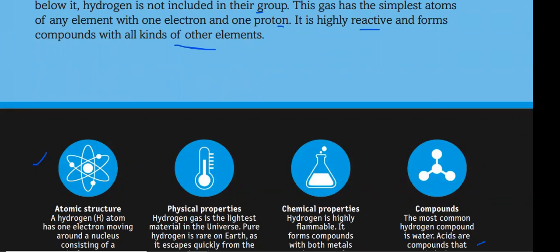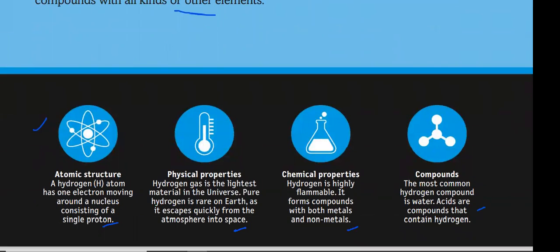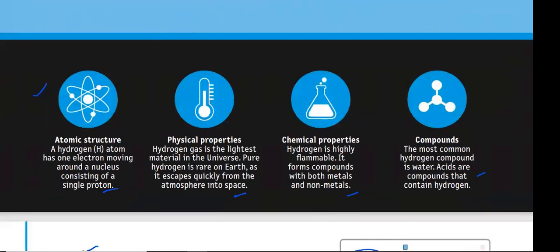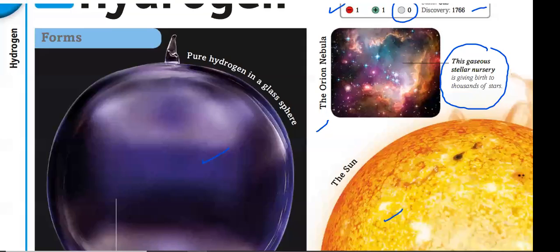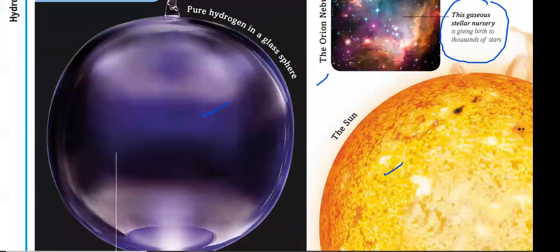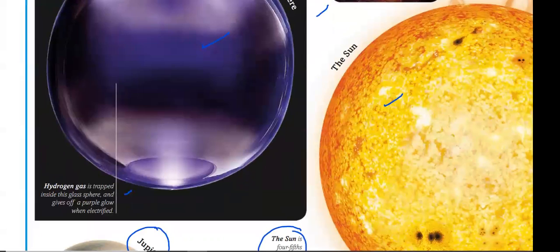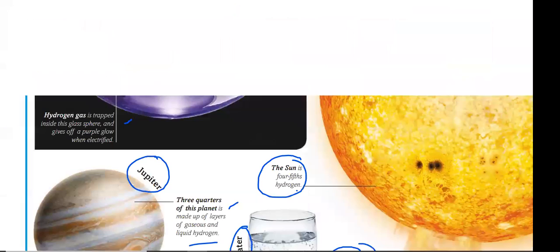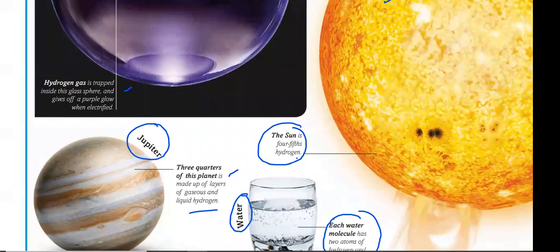Moreover, it's the lightest element, and we observed the compounds formed by hydrogen and their uses in rocket development. We also observed the importance of hydrogen in the sun and different stars, and planets like Jupiter.